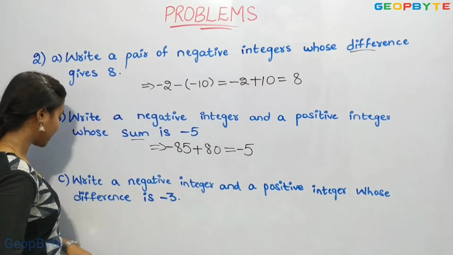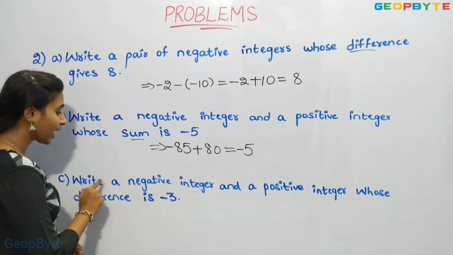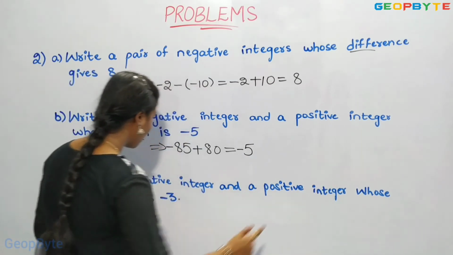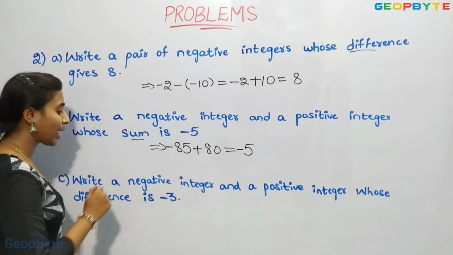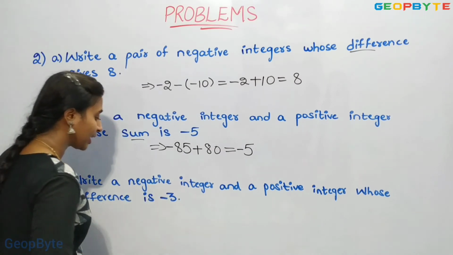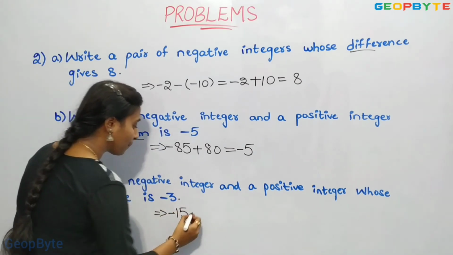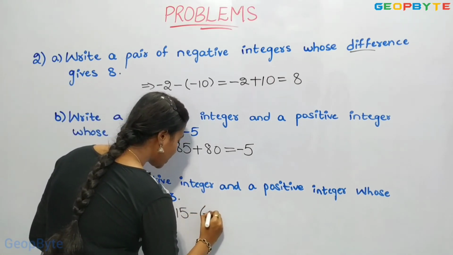Now let us see (c). Write a negative integer and a positive integer whose difference is minus 3. Let us take minus 15 minus of minus 12.